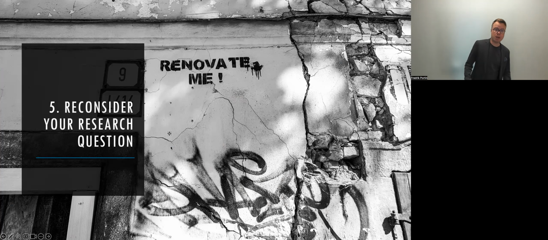Perhaps your material doesn't answer a question, or it answers something that is all the more interesting. Maybe you ran out of time and you don't have time to answer the whole question, but you then have to narrow it down further in order to be able to say something with the work that you have done.